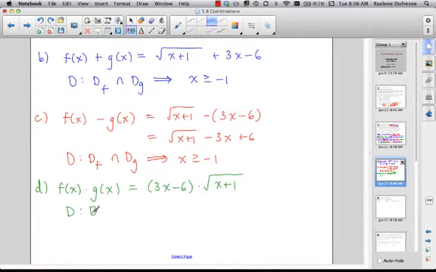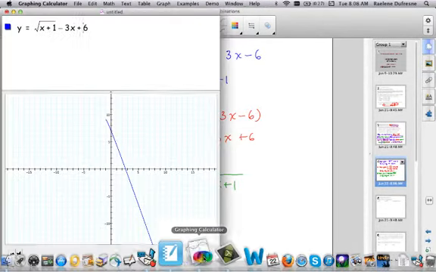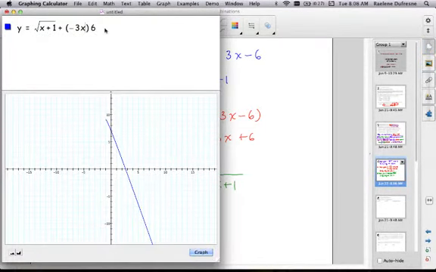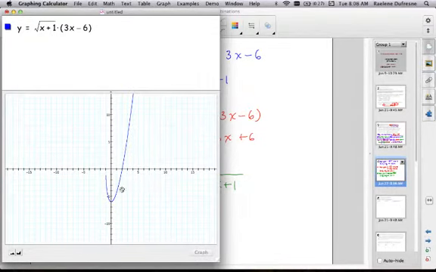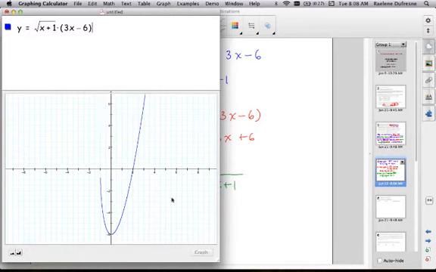And the domain is still the intersection of the domain of one with the domain of the other. Let's confirm by looking at the graph. So we have that times 3x minus 6, and still we see the domain, different graph shape altogether, but the domain is still when x is greater than or equal to -1.